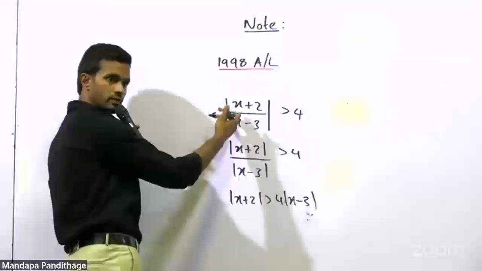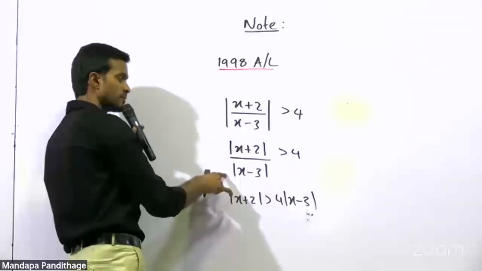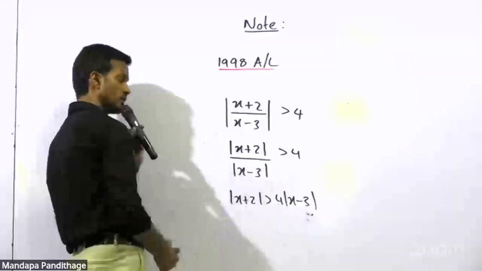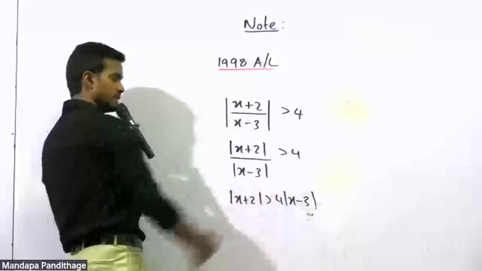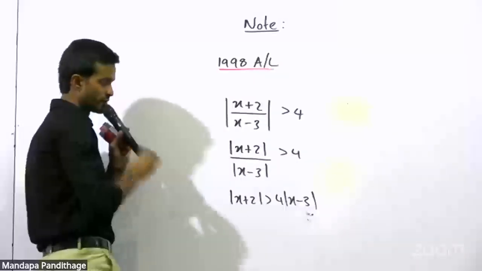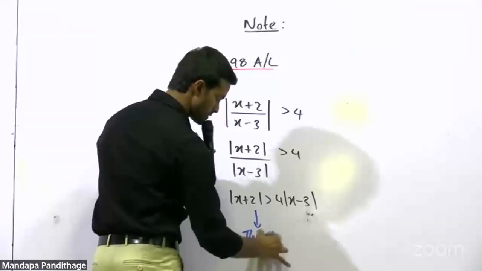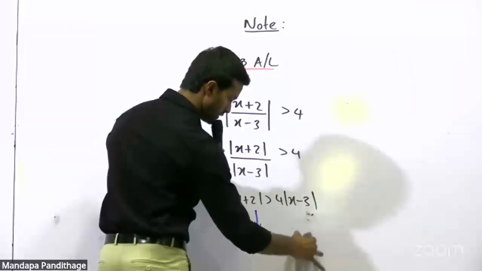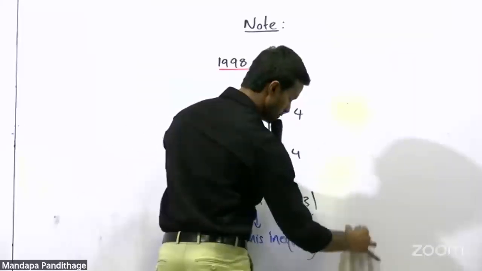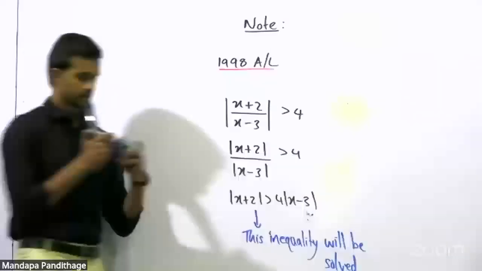Based on the mathematical properties, you can write this as a division of two moduli, then cross multiply, and this is the inequality that we are going to solve.